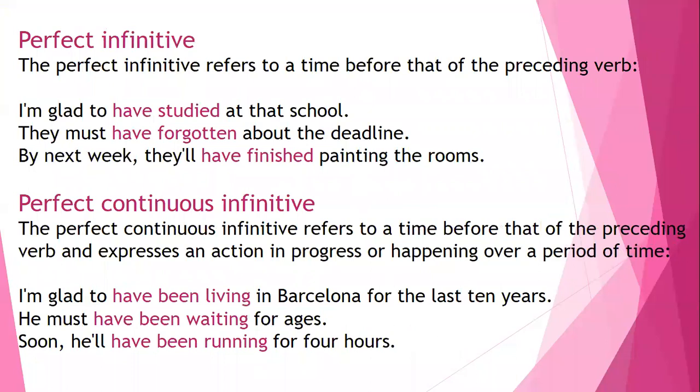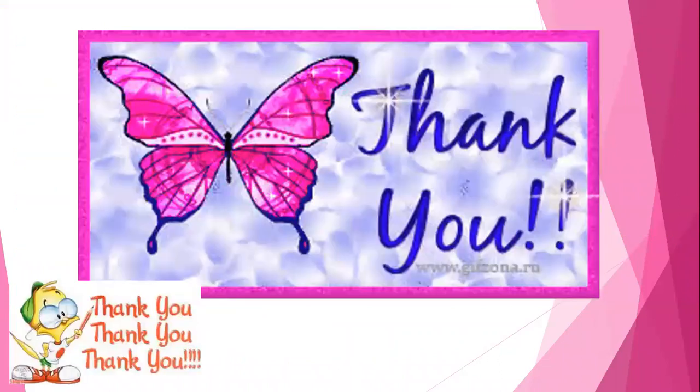Perfect infinitive: I'm glad to have studied at that school. They must have forgotten about the deadline. Perfect continuous: I'm glad to have been living in Barcelona for the last 10 years. He must have been waiting for ages.